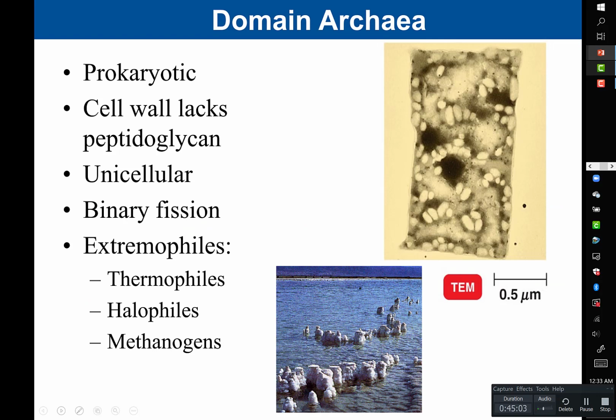So next we come to domain Archaea. Domain Archaea, these are prokaryotic. Again, they do not have a nucleus. They have a cell wall. Their cell wall lacks peptidoglycan. It's something structurally similar to peptidoglycan, something called pseudomurein.